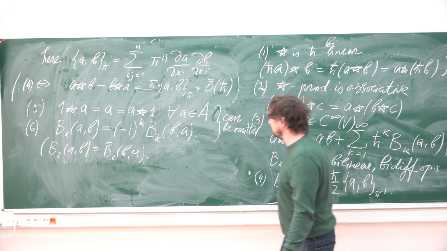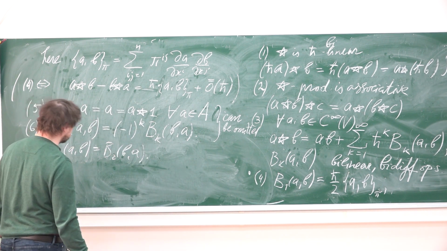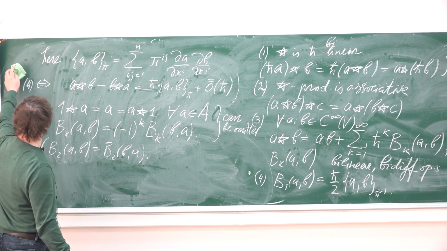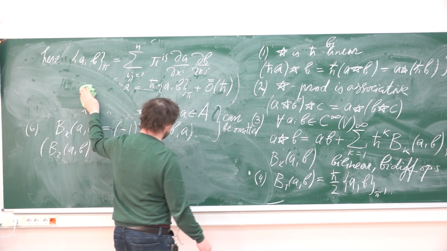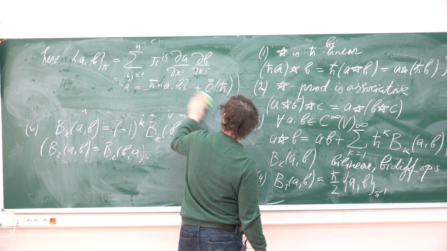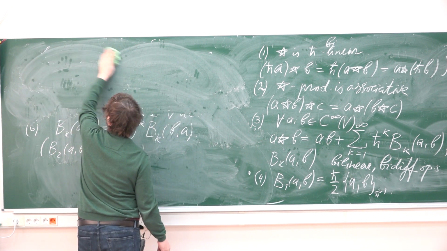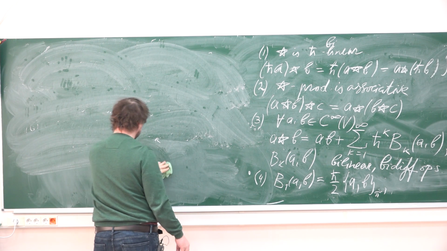And let me also assume that B2 is symmetric. Then I'm going to show that B1 is actually a Poisson bracket. That is, that it verifies all the conditions we impose on a Poisson bracket.